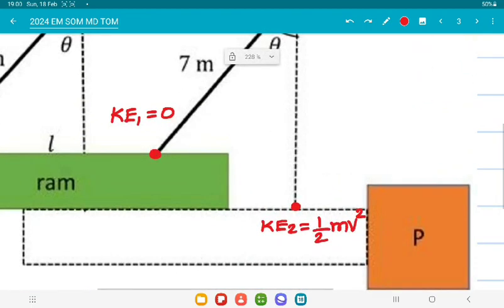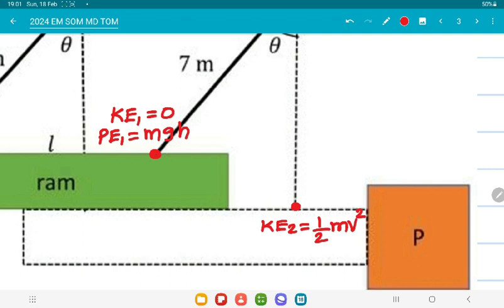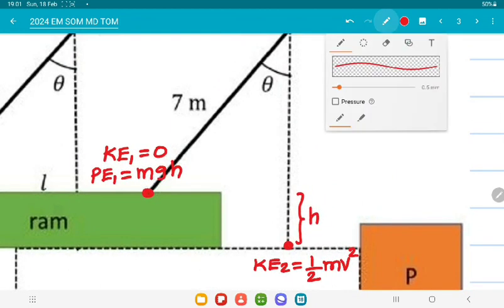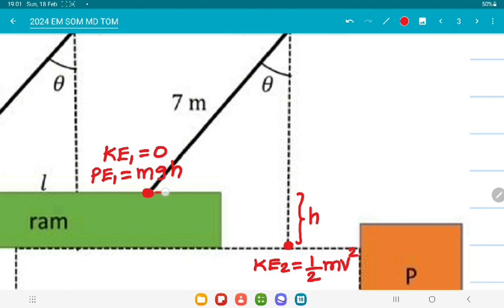So what is the initial potential energy? Right. PE1 is equal to mgh. So where is h, sir? Sir, this is your h. Okay, right. Height between initial and final states. Now, how to write the h value?